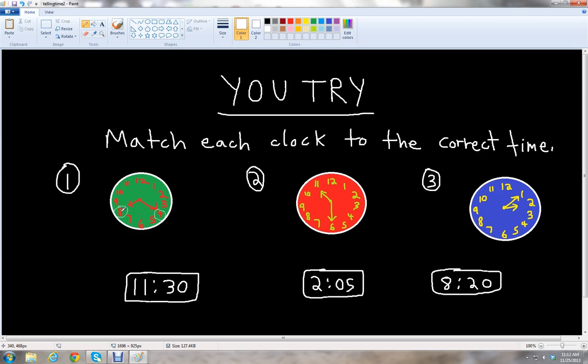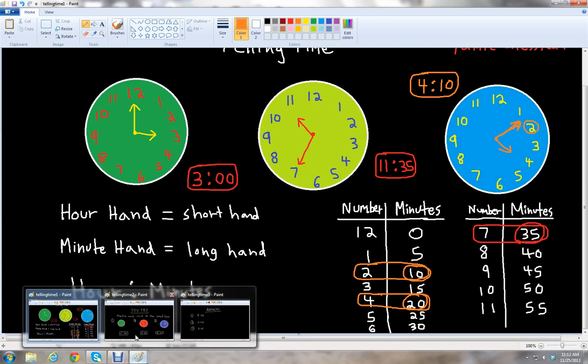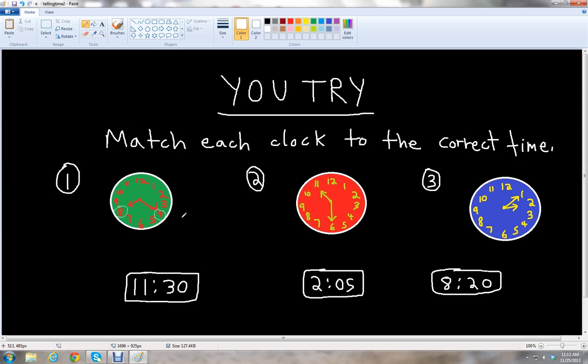So we have the hour 8, and then 4. Let's go to our table here. It looks like 4 represents 20 minutes, right? 20 minutes past the hour. And so we're going to use this time, 8:20. So this clock says 8:20 is the time.